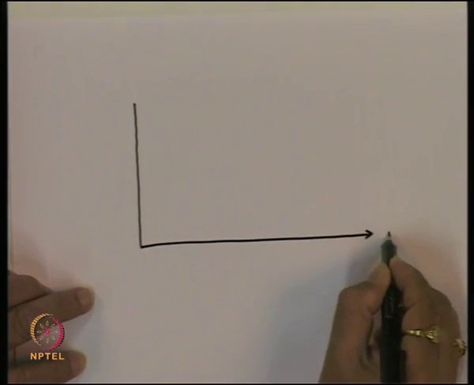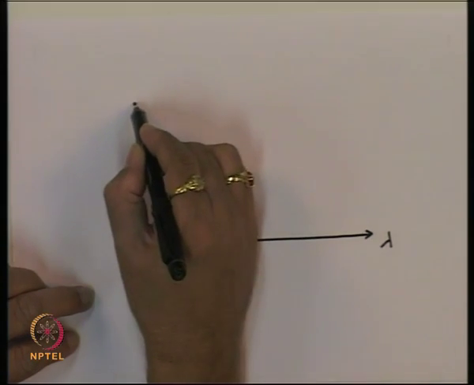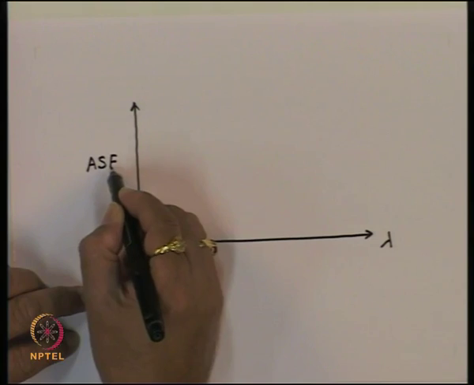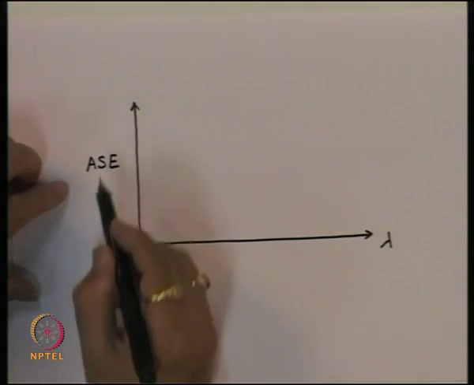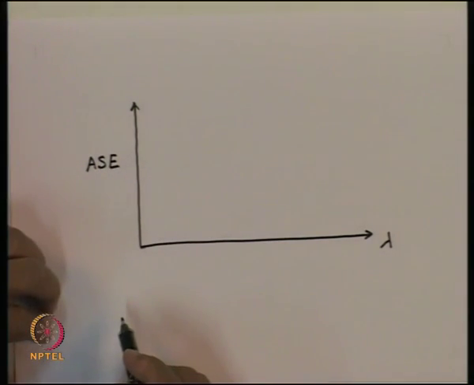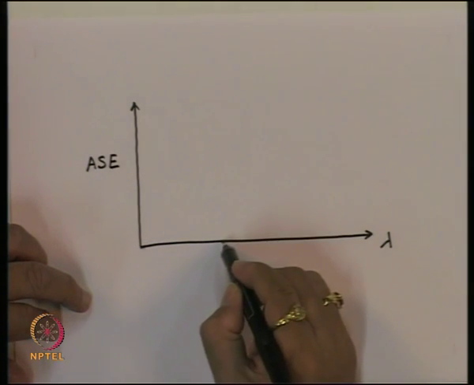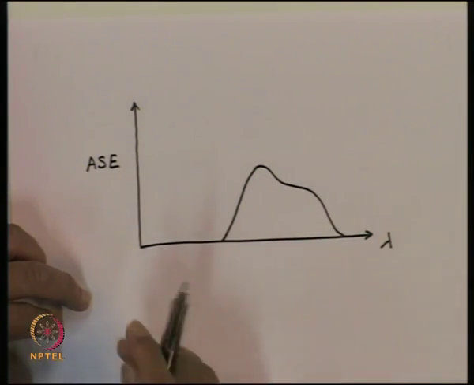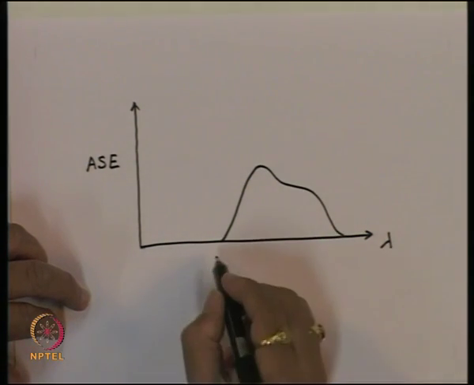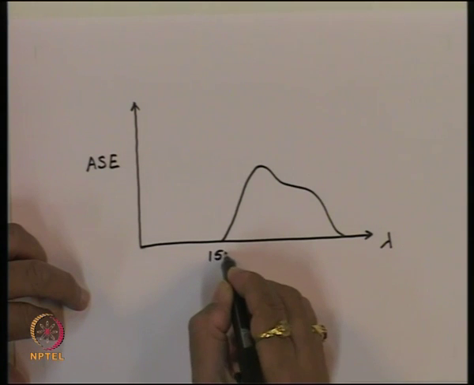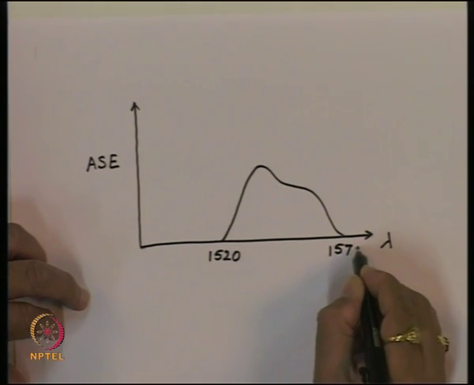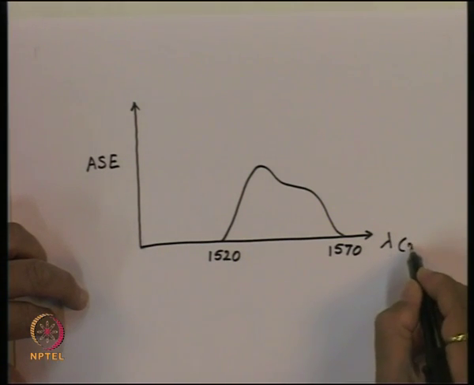This is wavelength and this is ASE, amplified spontaneous emission. So typically the spectrum looks something like that. Here, let us say the wavelength is about 1520 nanometer and it goes up to 1570 nanometer.